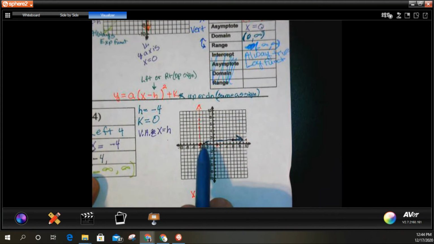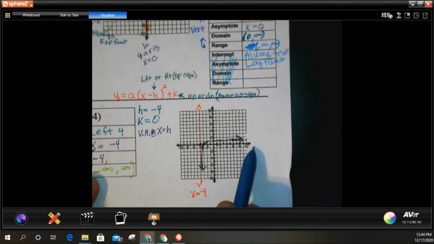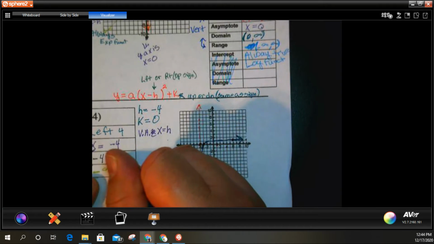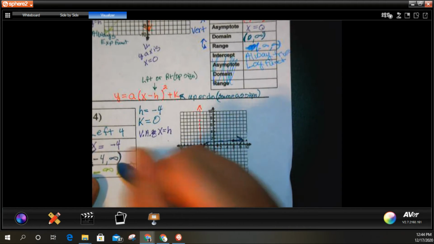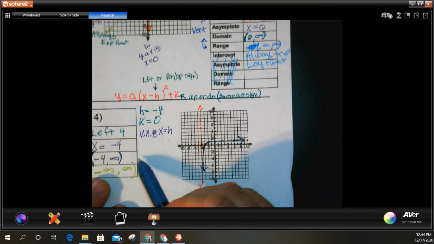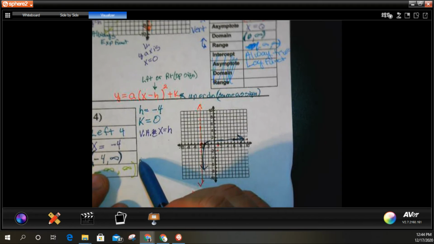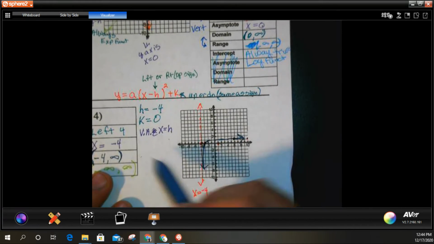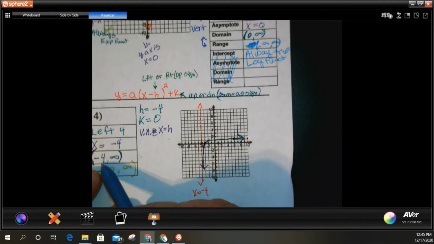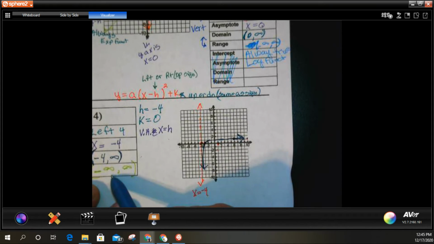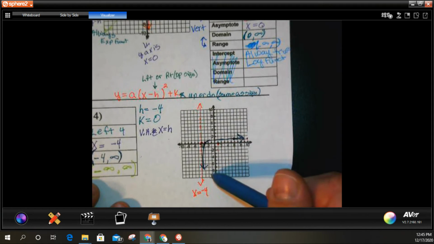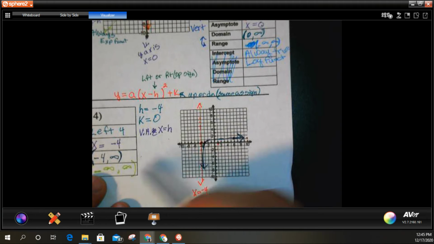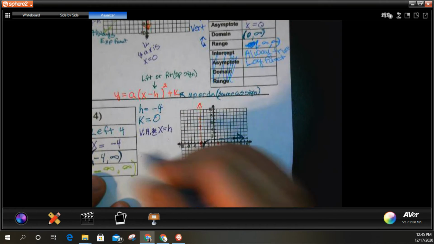I know the range is always going to be negative infinity, positive infinity for this because I said so up here. So this actually becomes my h. See, my h is -4.